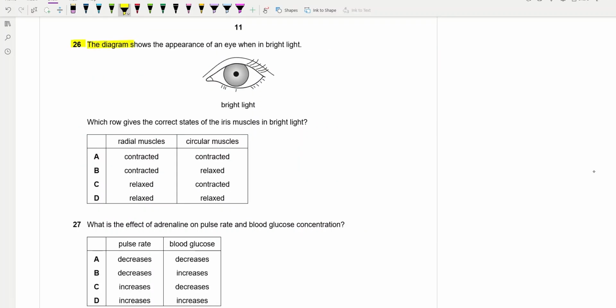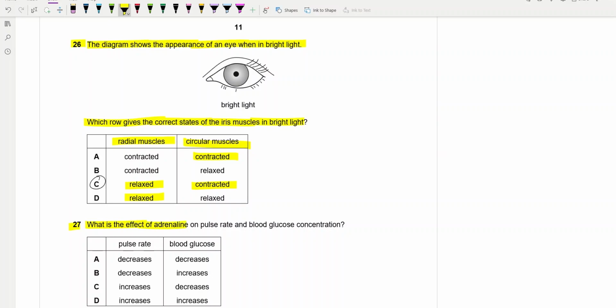Question number 26. The diagram shows the appearance of an eye in bright light. Which row gives the correct states of the iris muscles in bright light? The radial muscles are relaxed and the circular muscles are contracted. So the correct option would be option C. Question number 27.